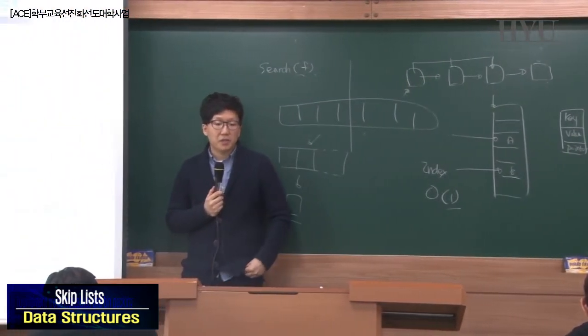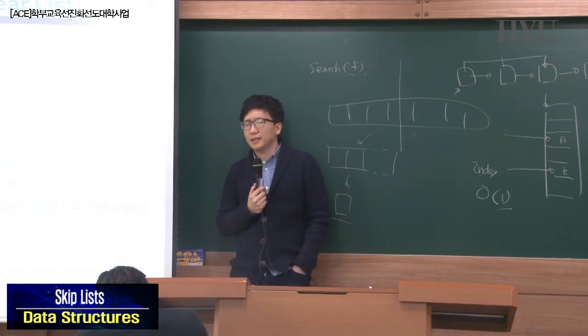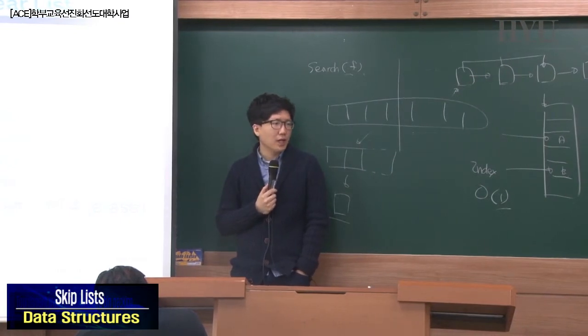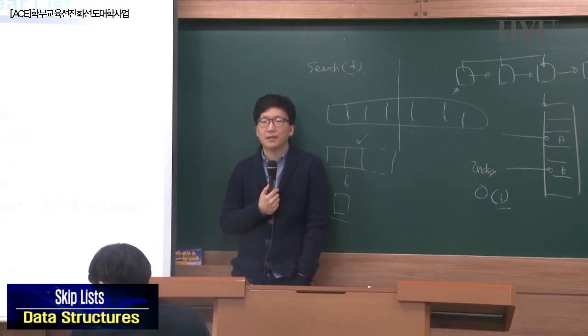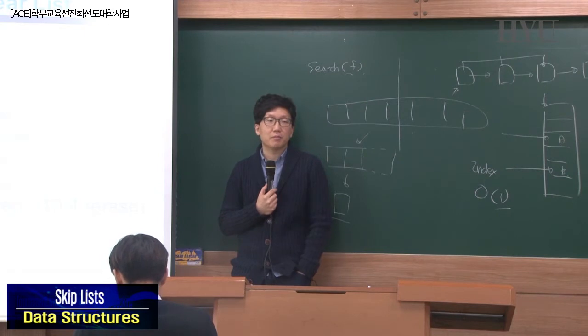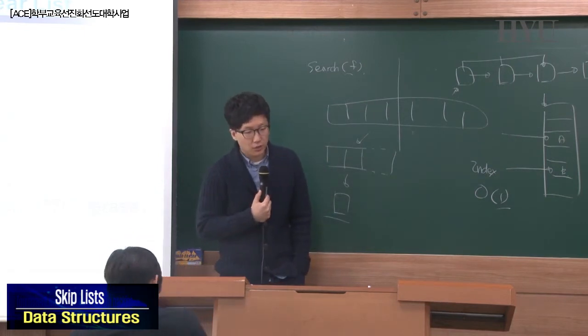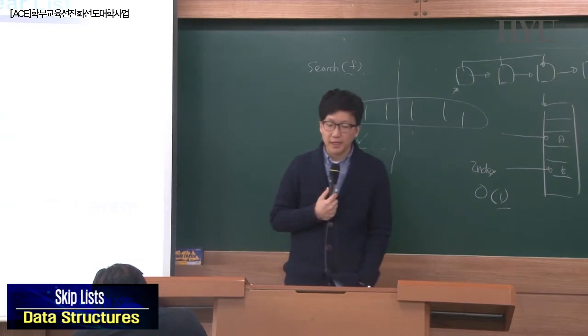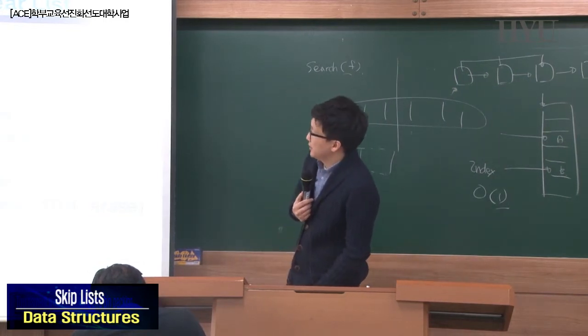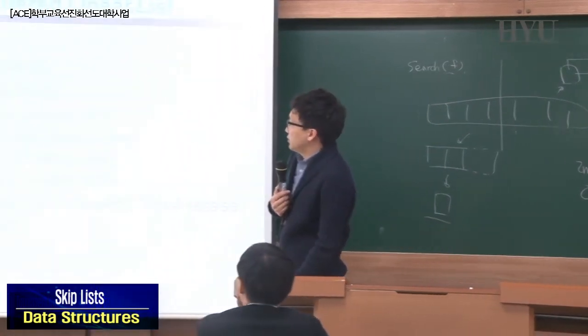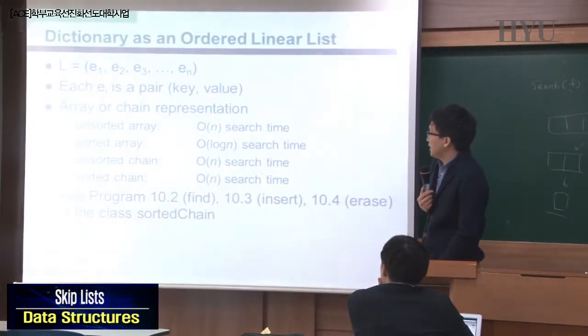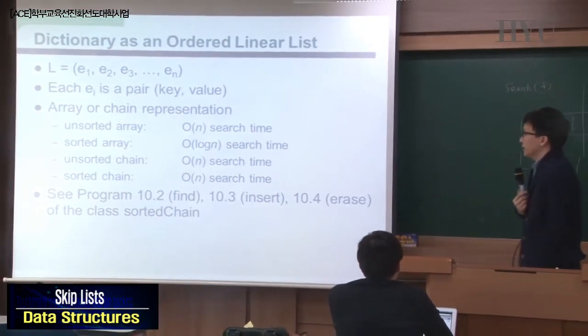Array or chain representations, right? Every data structure that we have looked at so far has at least two ways of implementing, because we've been mostly discussing lists: either an array-based representation or a linked list way of doing it. So unsorted array, sorted array, unsorted chain, sorted chain. We all know that by now.